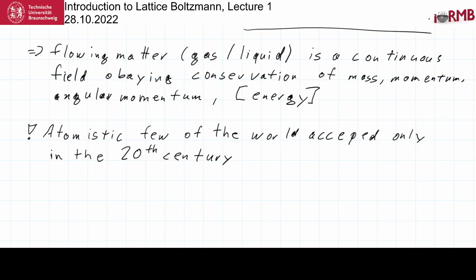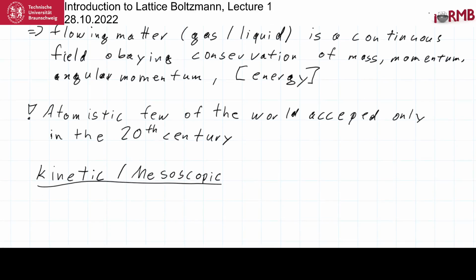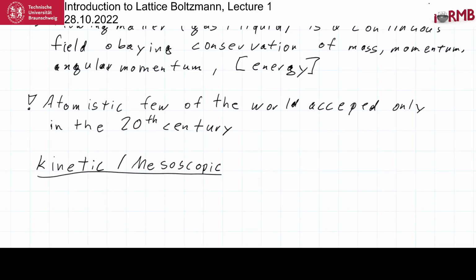This takes us now to the third picture, which is the one that we are dealing with in this lecture series, which is called the kinetic, and sometimes it's called the mesoscopic. I'm not a big fan of saying it's mesoscopic because this sometimes has wrong implications, but this is the way it's usually called.